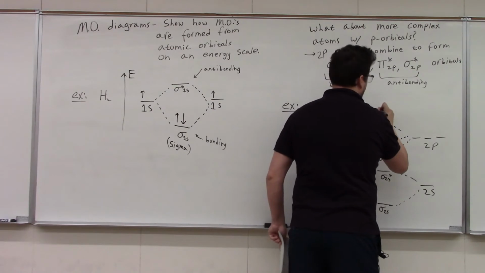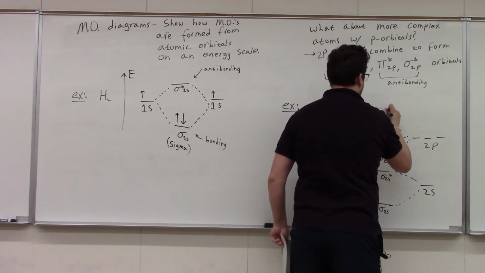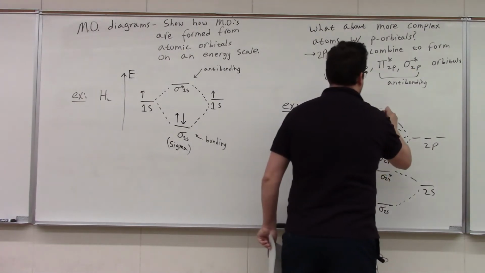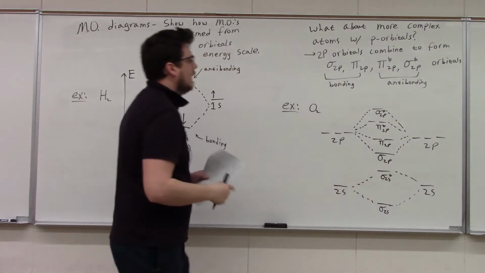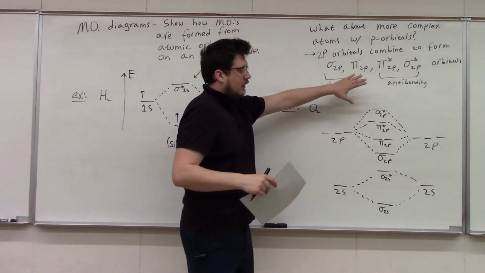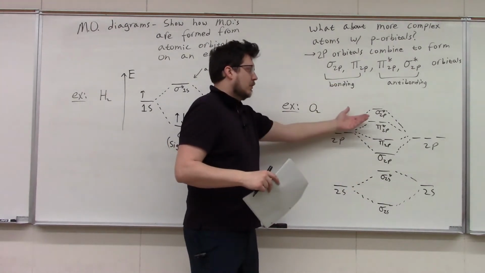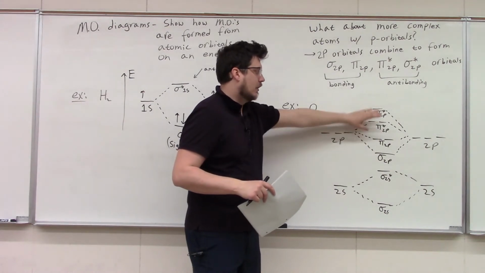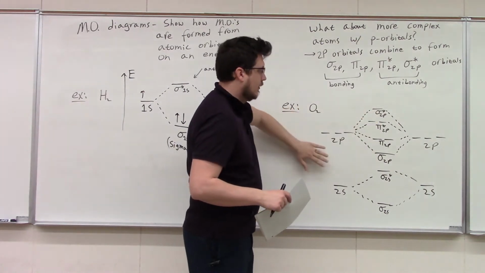And then all the way at the top, the highest energy of all, sigma star 2p. Now, if there are any problems with these, you're going to be presented with this diagram. These are computationally determined. There is no order you have to memorize. You just basically have to work with a blank slate like this.